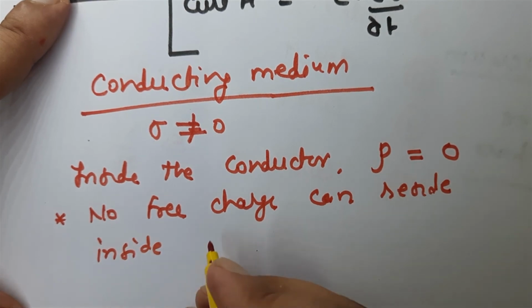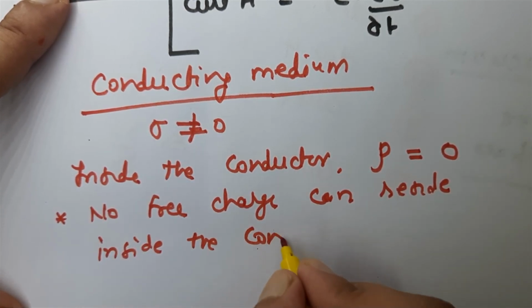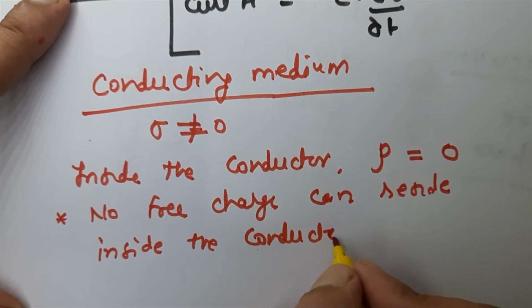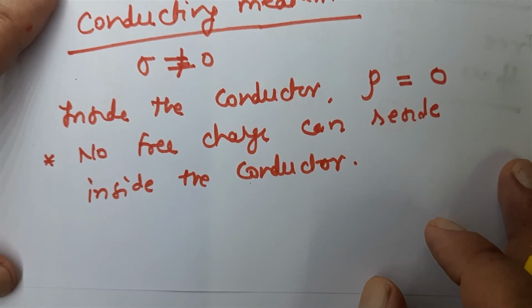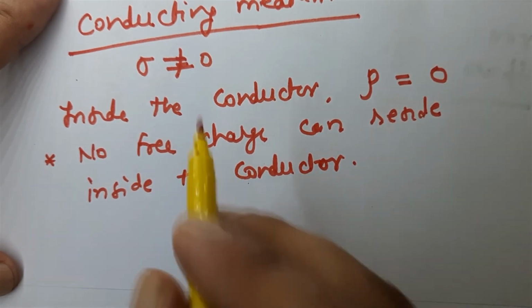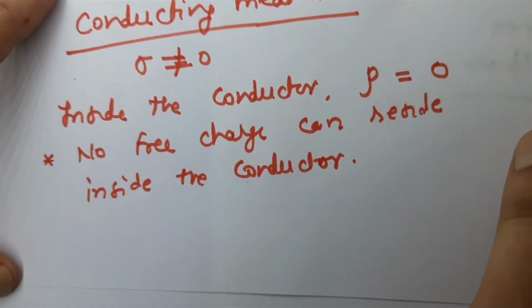You must have studied it, that within a conductor no charge can stay in the rest situation. So in the light of this change, sigma is not equal to 0 and rho equals 0, the Maxwell equations take a different form.